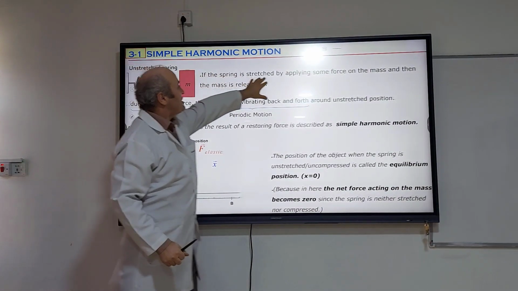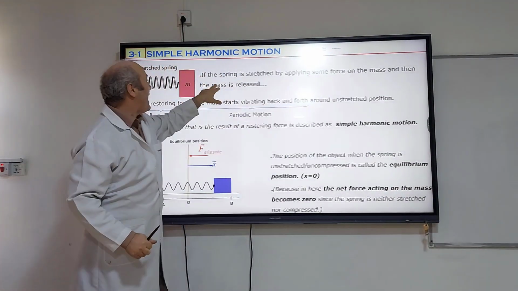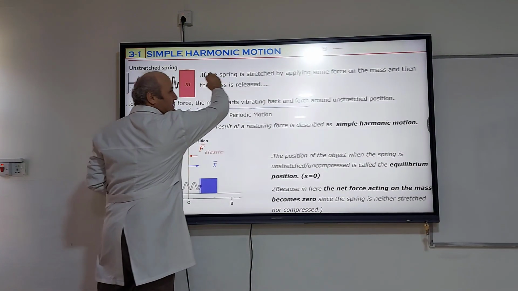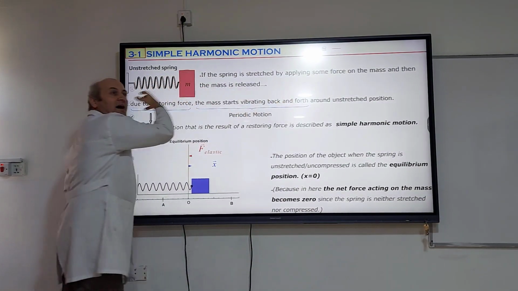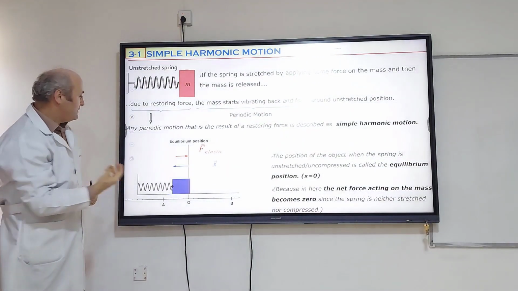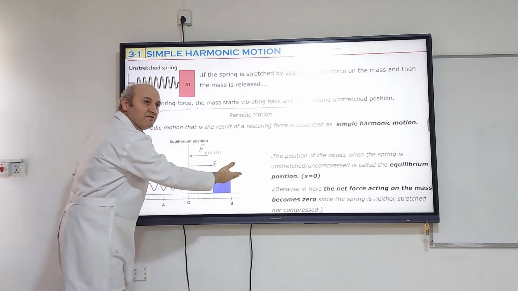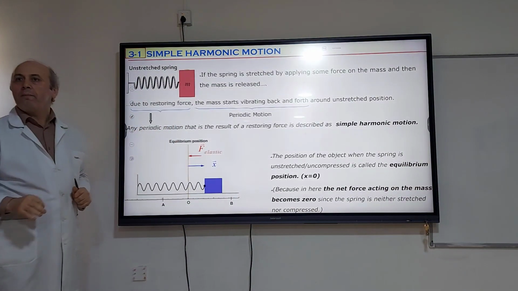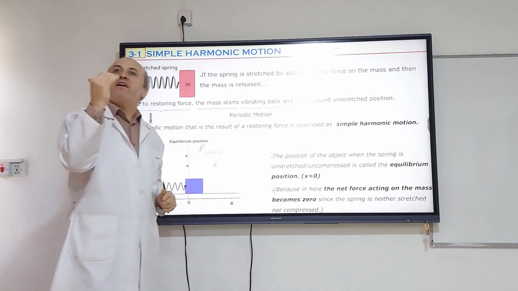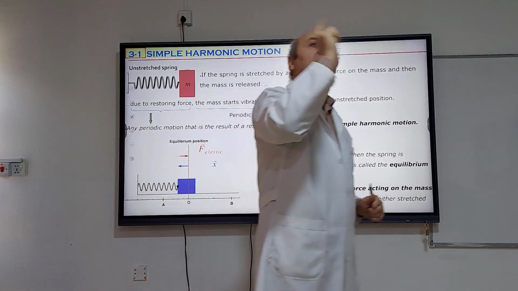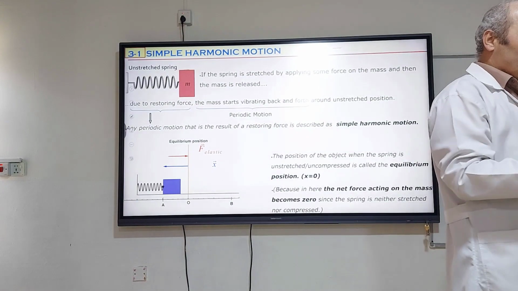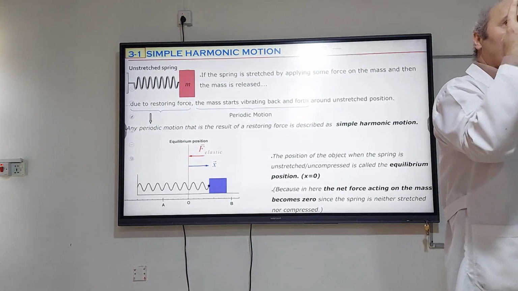If the spring is stretched by applying some force on the mass and then released, I am going to pull it, and after that, I will release it. What's going to happen? This system will start vibrating around this unstretched position under the influence of just one single force. Because when I remove it, the applied force is 0, no more applied force. One force is left.